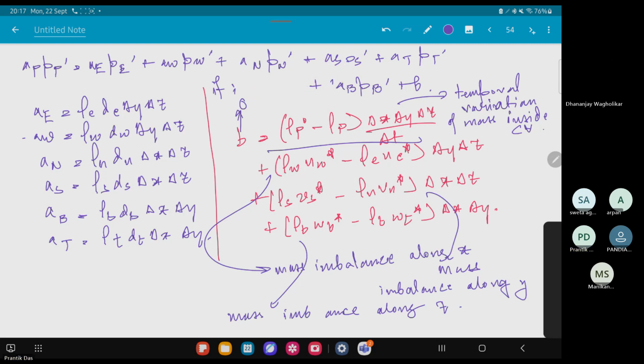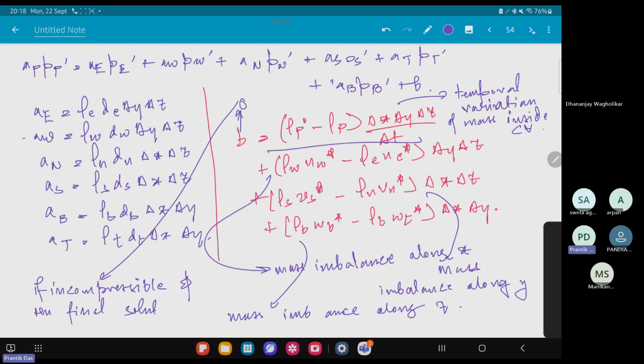So if incompressible and the final solution is steady. Is it clear to all of you?